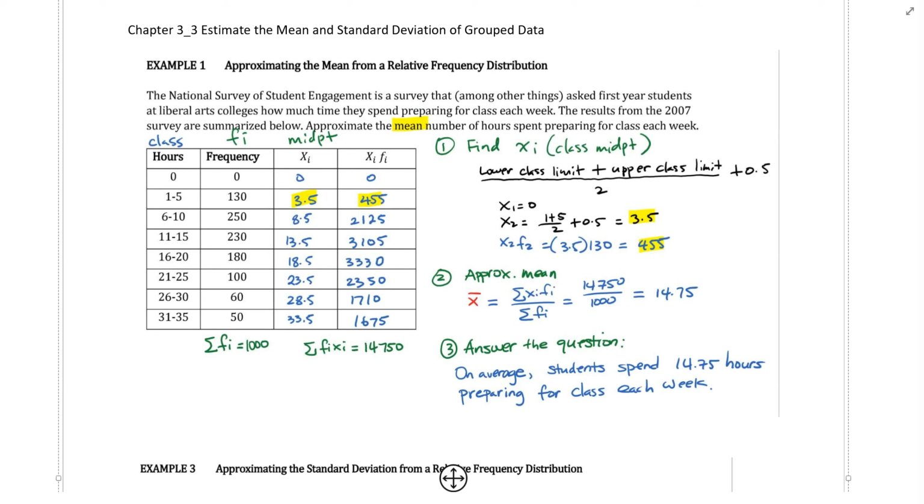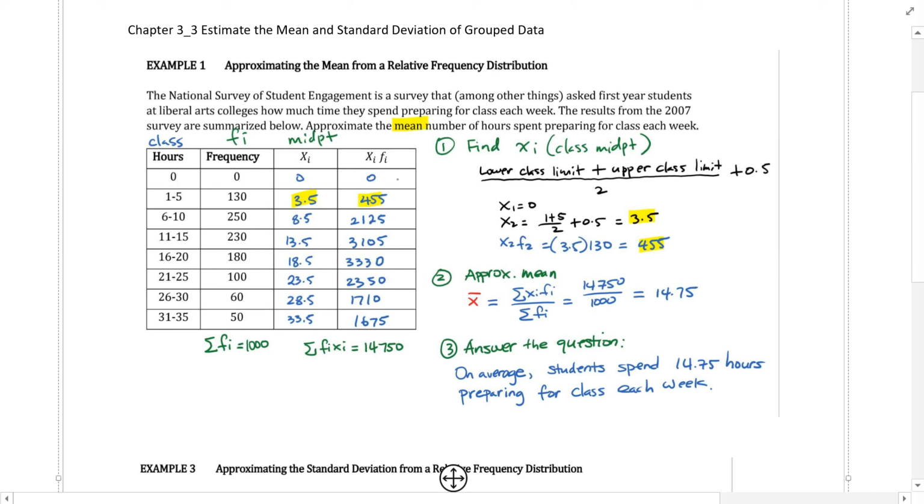So we're given the hours, which are the class limits, and the first class is 0. The frequency is the second column, and the third column is the class midpoint. In the fourth column, we compute xi times fi, which is the class midpoint times the frequency.